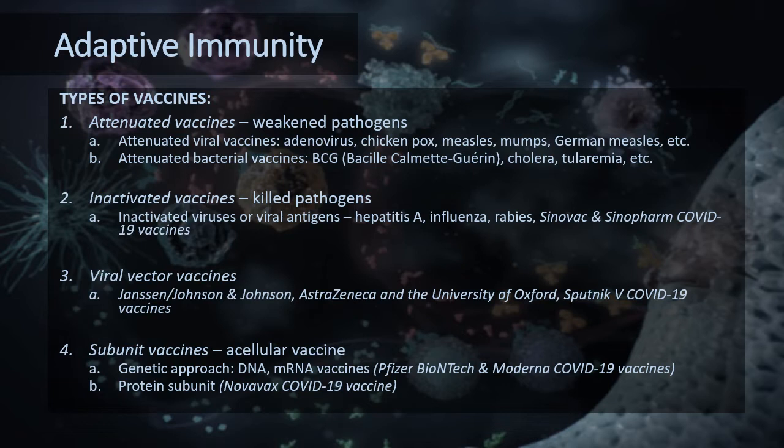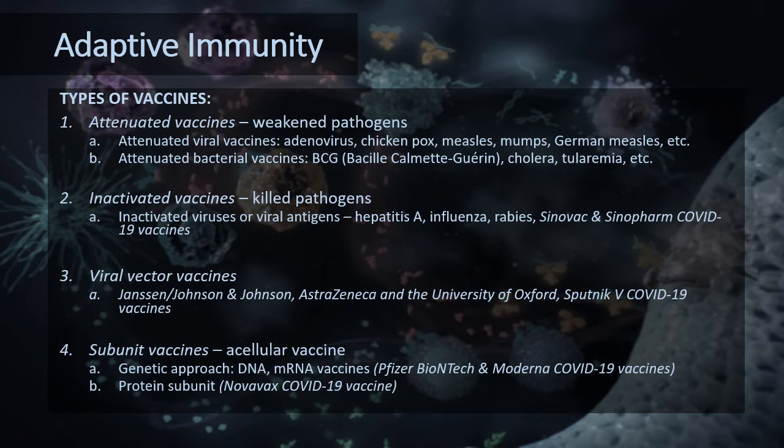The attenuated viral vaccines such as the adenovirus, chickenpox, measles, mumps, German measles, etc. We also have attenuated bacterial vaccines such as the BCG or the Bacille Calmette-Guerin. This is a vaccine that will protect against tuberculosis infections. Then we have cholera, tularemia, etc.